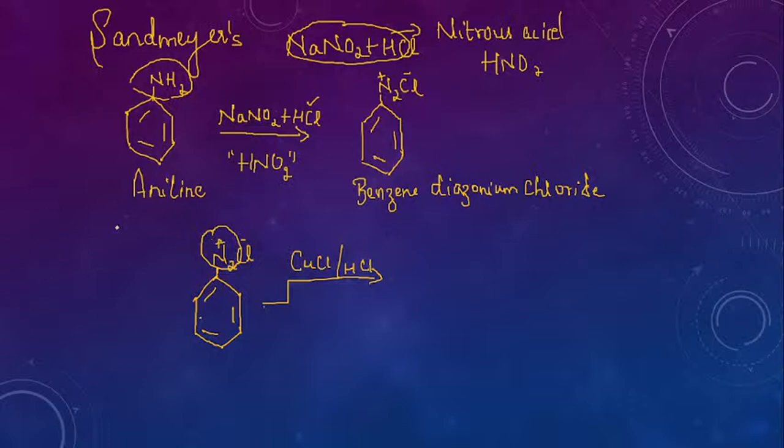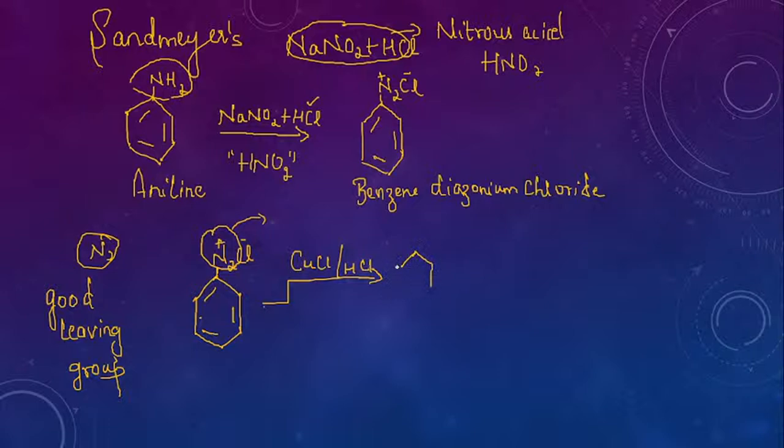In all organic chemistry chapters, when you come across any reaction, if you see this diazonium group, it is a good leaving group. Leaving group means it leaves easily, it comes out easily. So nitrogen comes out easily as nitrogen gas, and the chloride ion Cl- forms a bond, and you get chlorobenzene, and nitrogen comes out as nitrogen gas. Is that clear? So what did we prepare? We prepared chlorobenzene, right?